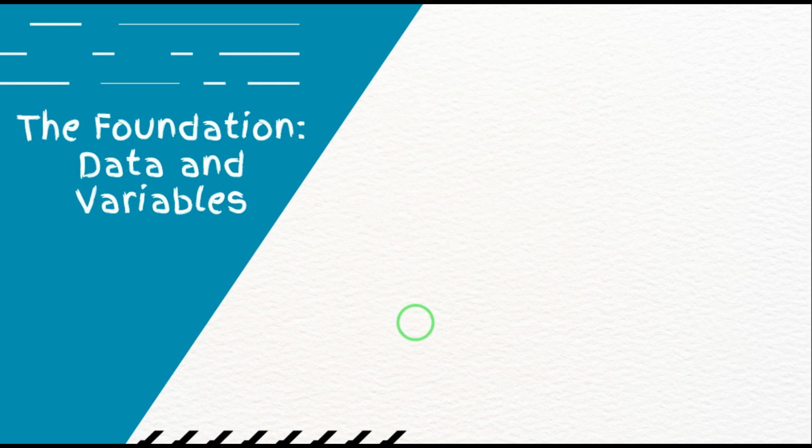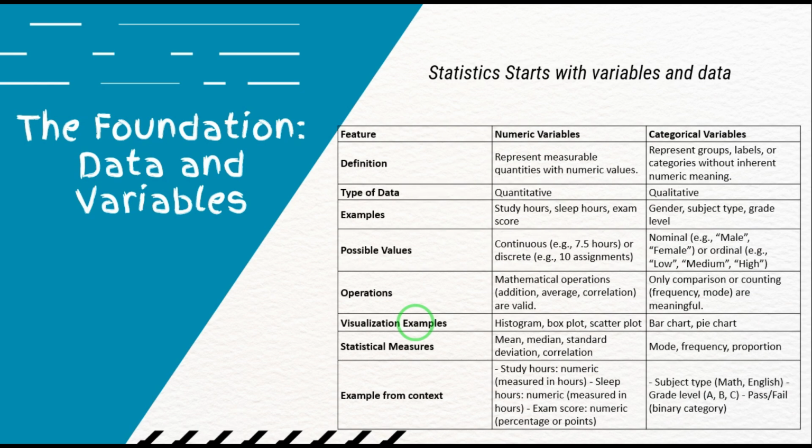Now that we understand the big picture, let's zoom in on where it all begins, the data itself. In statistics, everything starts with variables, things that we can measure. Maybe it's study hours, sleep hours, and exam scores, but each variable tells a story about part of your data.